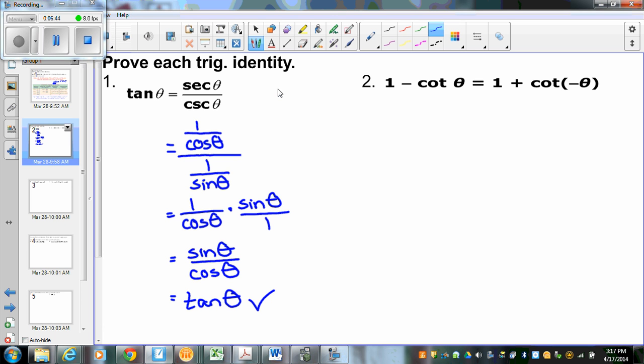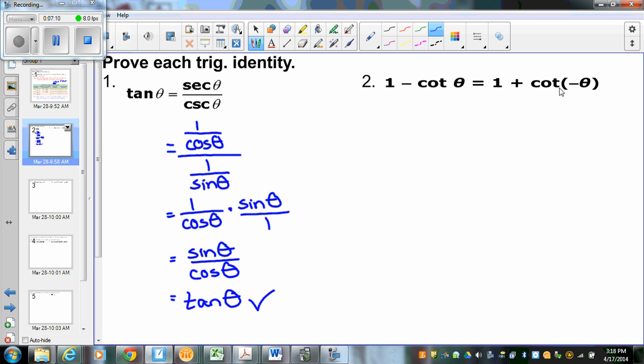Now let's look at number 2 here. Number 2 says 1 minus cotangent theta equals 1 plus cotangent of negative theta. Now as far as proving that one side equals the other, these both are pretty similar statements. But I do notice over here that I have a negative theta, and so that reminds me of my negative angle identities that we have in our list. And cotangent's not in the list, but tangent is.